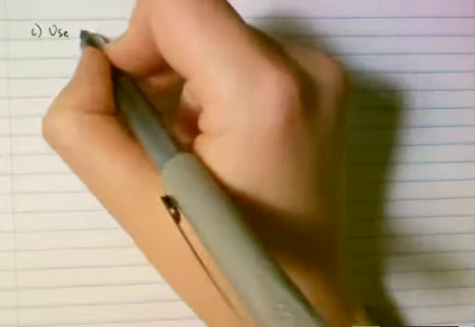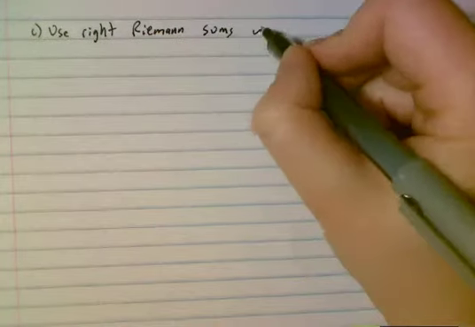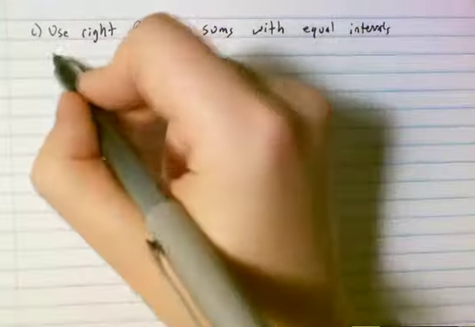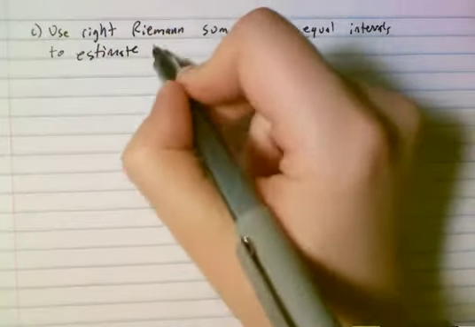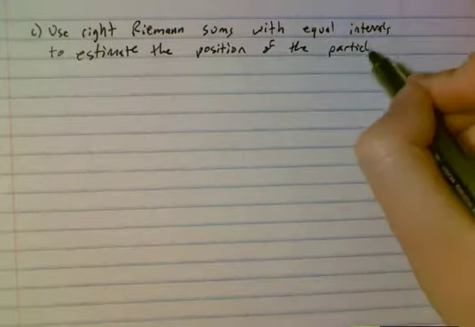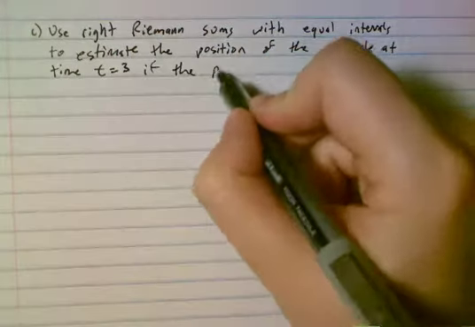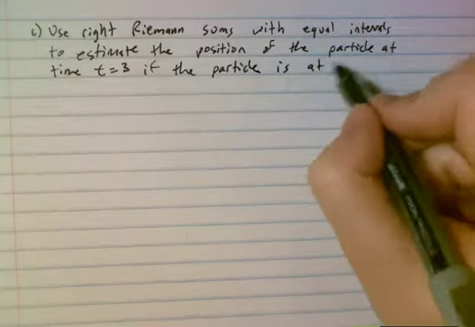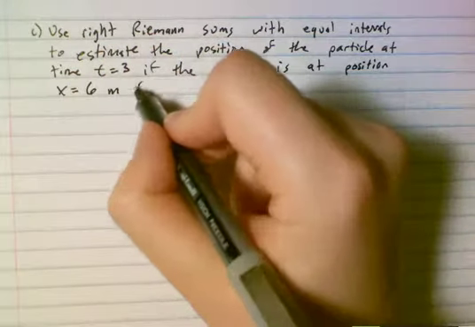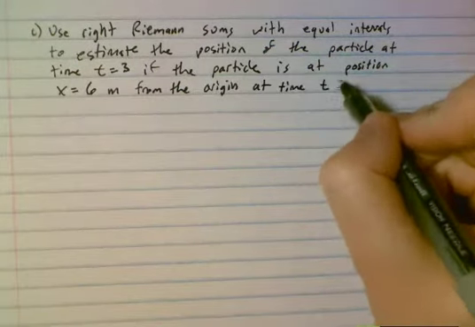Let's use right Riemann sums with equal intervals to estimate the position of the particle at time t equals 3 if the particle is at position, let's use x for our position variable, x equals 6 meters from the origin at time t equals 0.